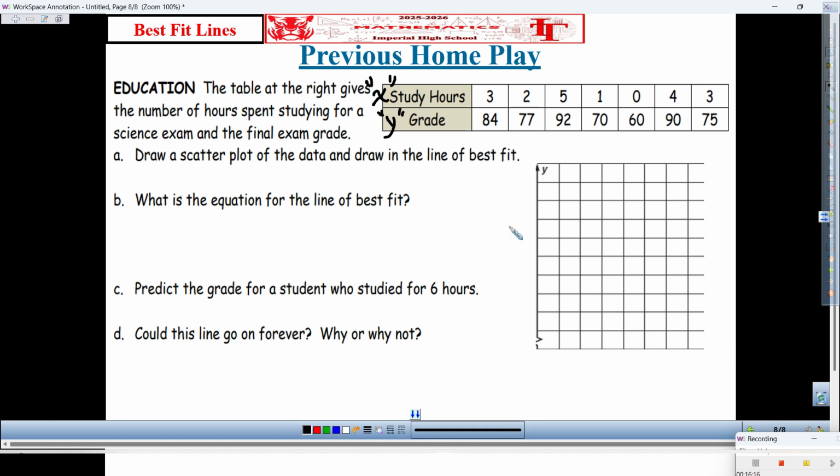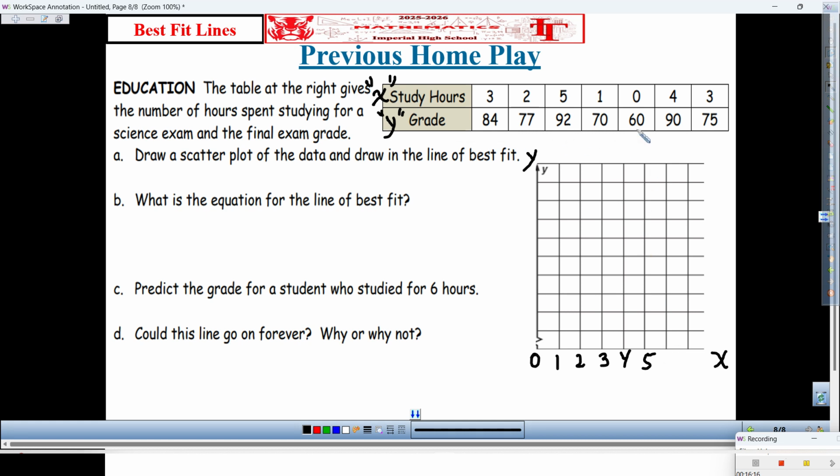Then on your paper, you're going to make a quadrant like this. Once again, this is X, and this is Y. So study hours, we said, is X. Is that correct? So the smallest value is 0, and it goes all the way up to 5. So I start at 0, 1, 2, 3, 4, 5. How about for grade?